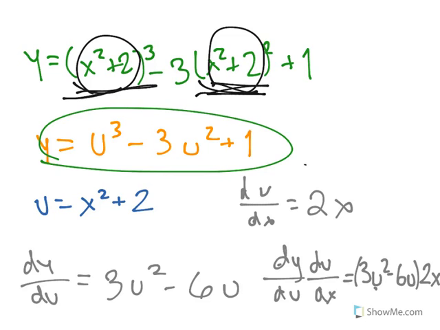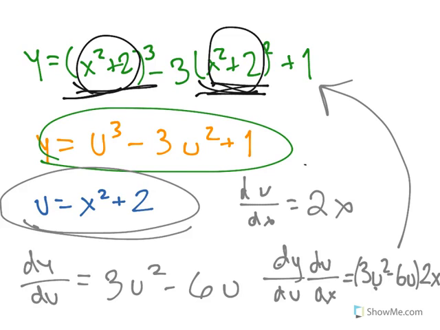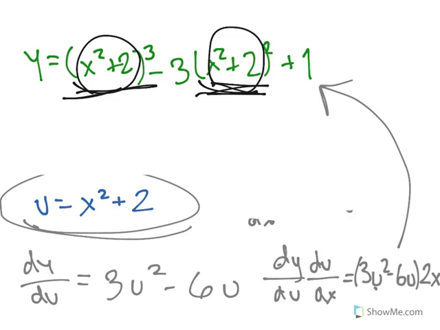But then you might wonder, well, they gave us our function only in terms of x. They probably don't know what I mean by u, by having a u there. Well, you know what u is in terms of x, so you can actually just substitute.